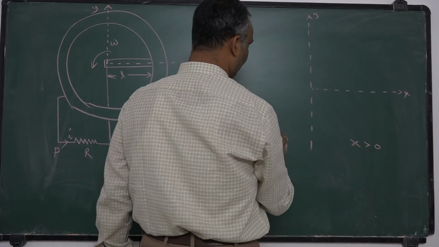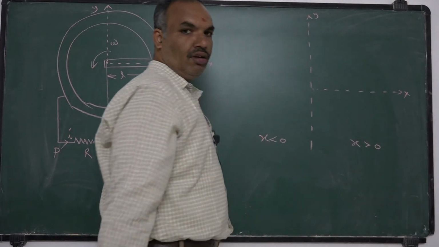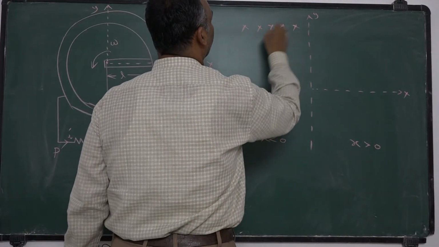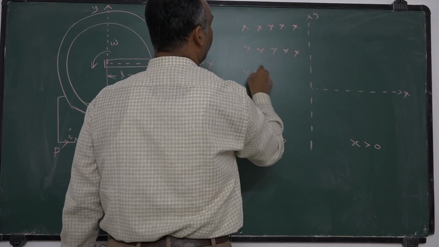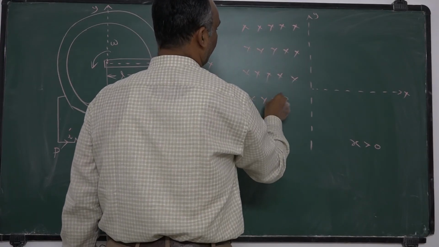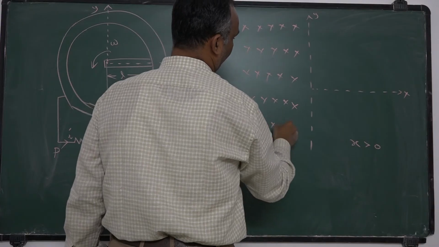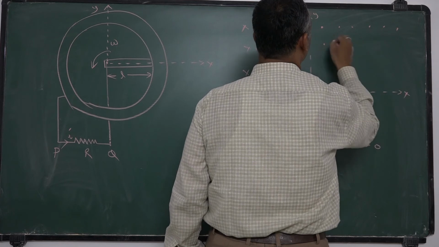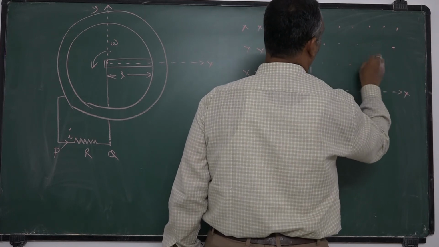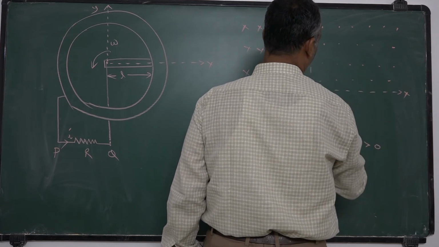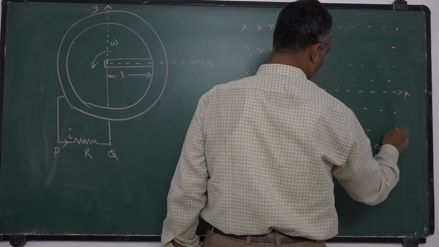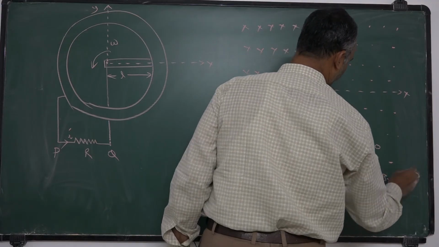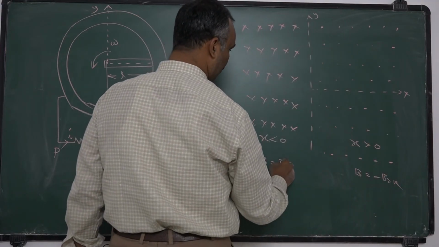This is the region where x is less than 0. When x is less than 0, the magnetic field is into the paper. When x is greater than 0, the magnetic field is out of the paper. Strength is the same. Here B is equal to minus B naught k. Here B is equal to B naught k.